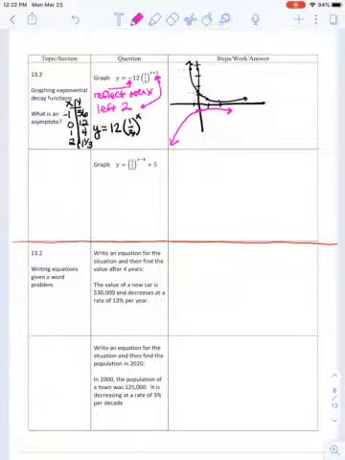Now, could you have just made an XY chart and plugged in with the first one? Absolutely. It's just sometimes a little bit harder to figure out where your initial value is going to be. The other thing, question on here says, what is an asymptote?